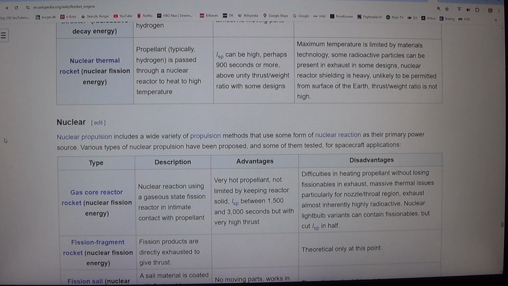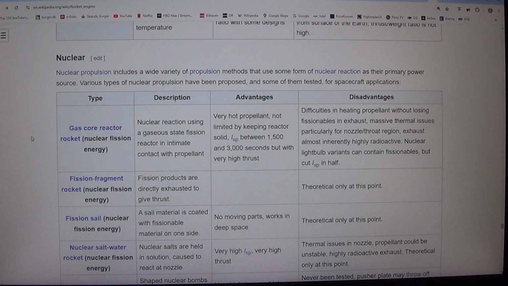ISP can be high, perhaps 900 seconds or more, above unity thrust / weight ratio. With some designs, maximum temperature is limited by materials technology. Some radioactive particles can be present in exhaust in some designs. Nuclear reactor shielding is heavy, unlikely to be permitted from surface of the Earth. Thrust / weight ratio is not high.